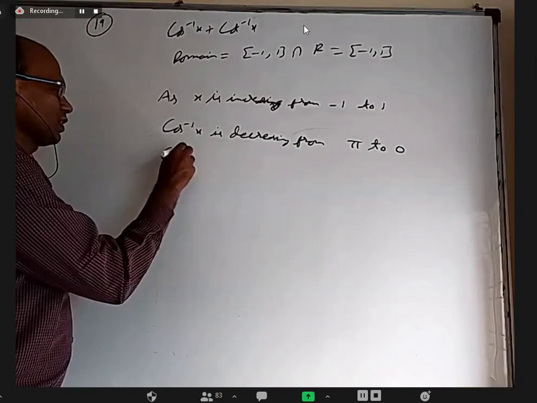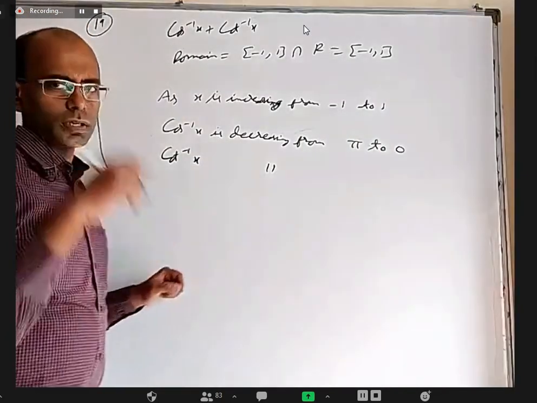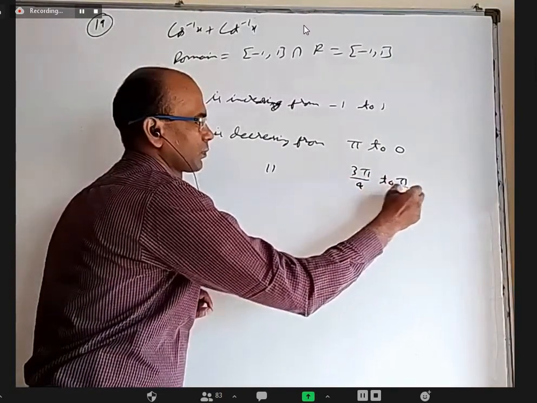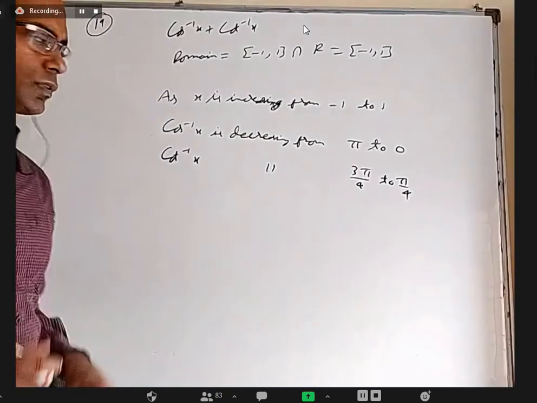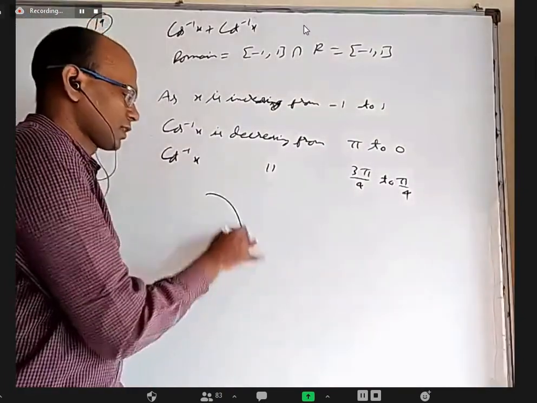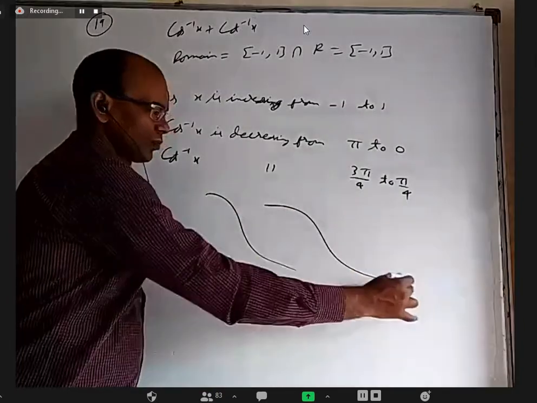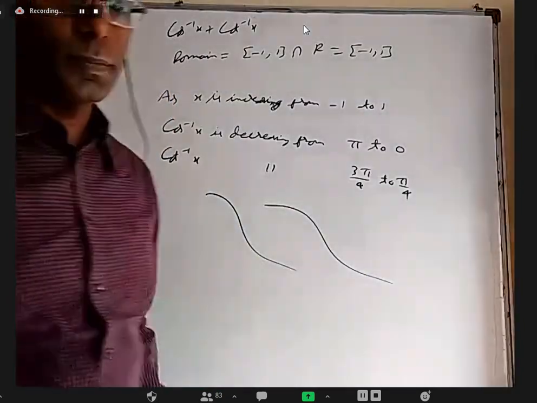What about cot inverse x? That is also decreasing, because cot inverse -1 is 3 pi by 4 and cot inverse 1 is pi by 4. Even if you look at the graph, cos inverse is somewhat like this, and cot inverse x is also somewhat like this. Both are decreasing, so their sum will be decreasing only.